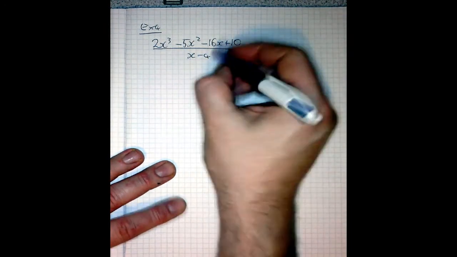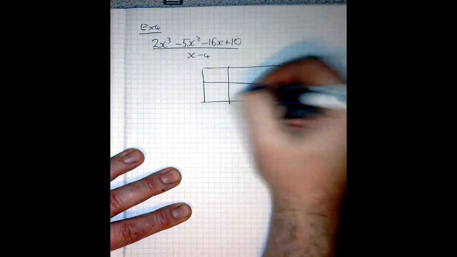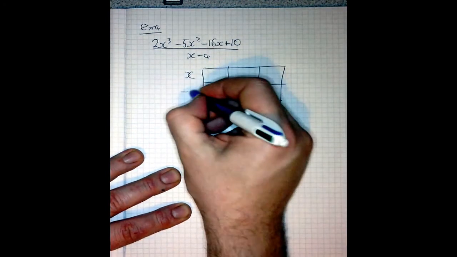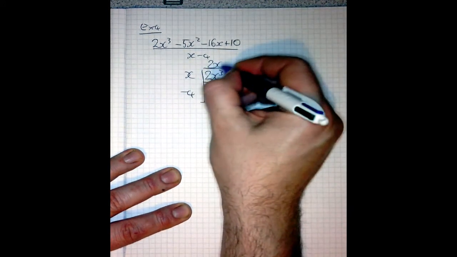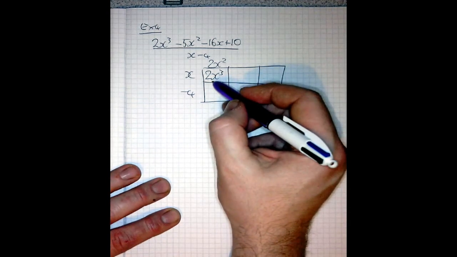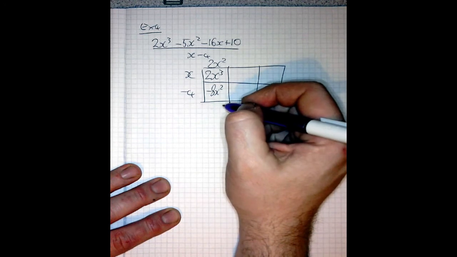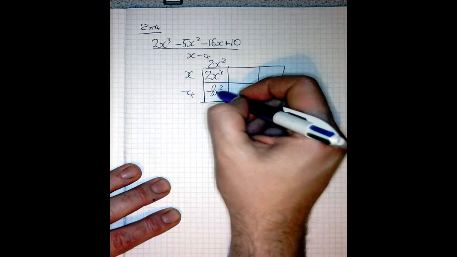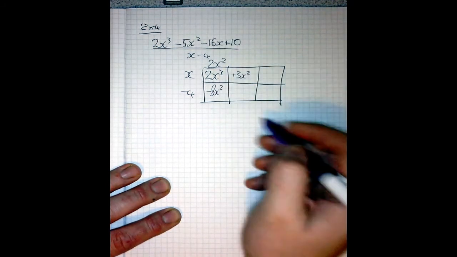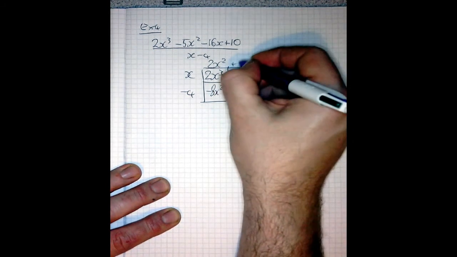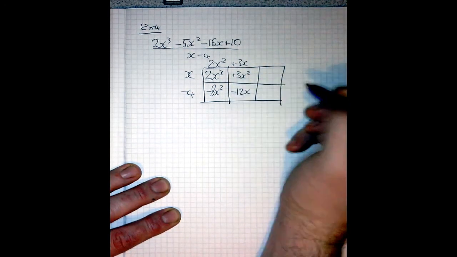Well, cubic divided by linear must be quadratic, so I'm after 3 columns. x minus 4, 2x cubed, so that must be 2x squared. That must be minus 8x squared. I don't want minus 8x squared, I want minus 5x squared, so let's fix that, which means that must be 3x, which means that must be minus 12x.